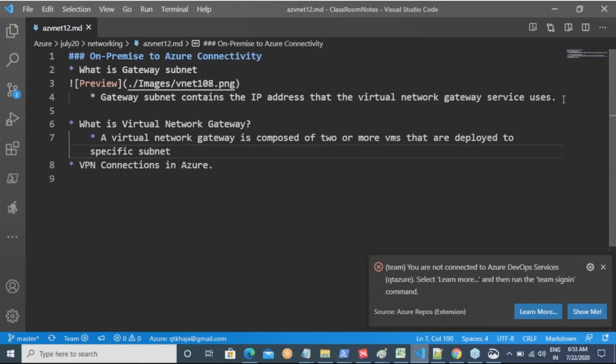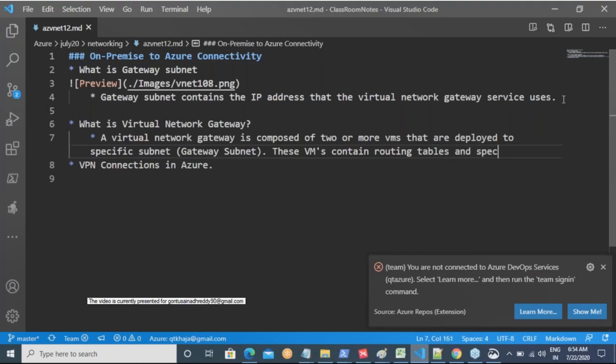So that specific subnet in our case is gateway subnet. Okay, right? And basically, these VMs contain routing tables and specific gateway services.